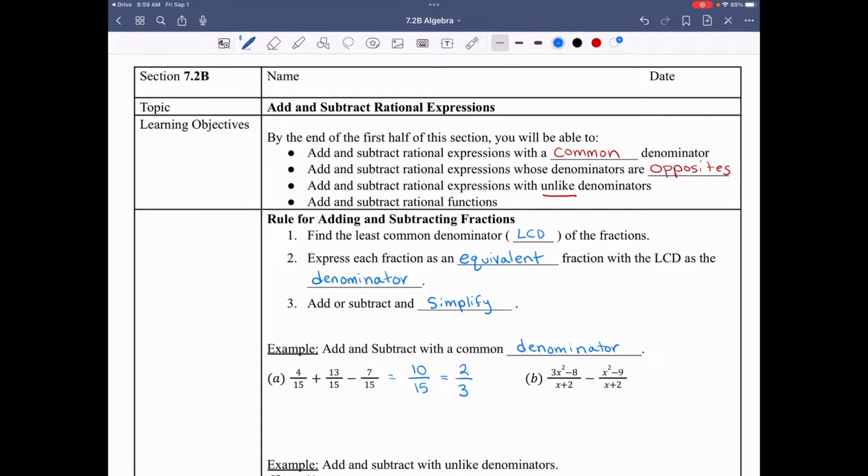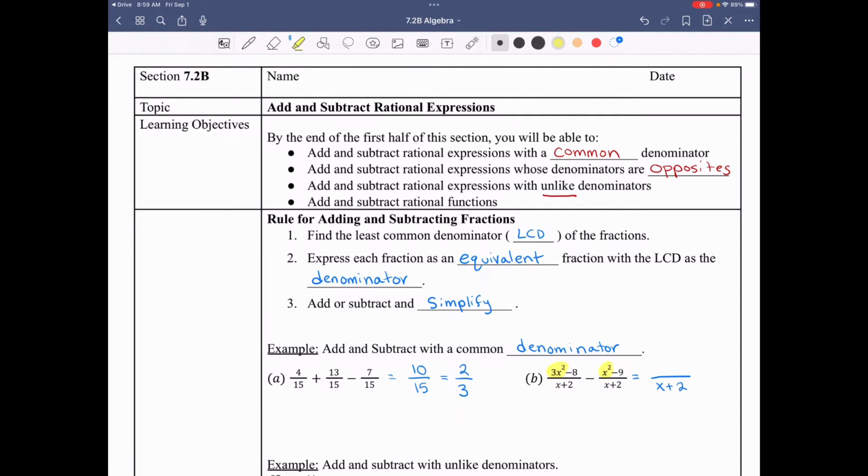Right, what if it is an algebraic expression? Then we still do the same thing. The denominators are the same. It's x plus 2. So then our answer will have x plus 2. Let's look at the like terms.